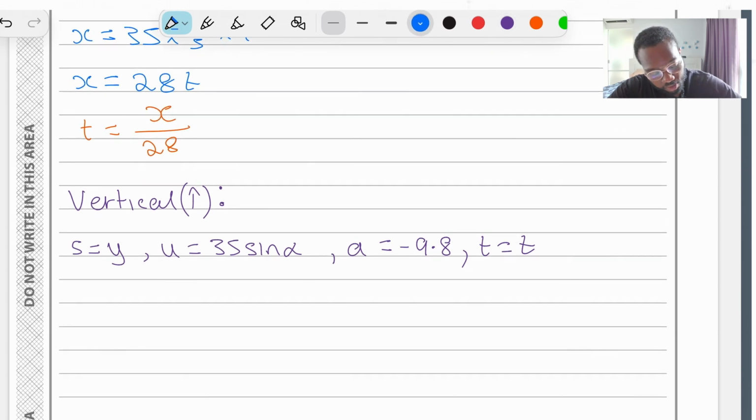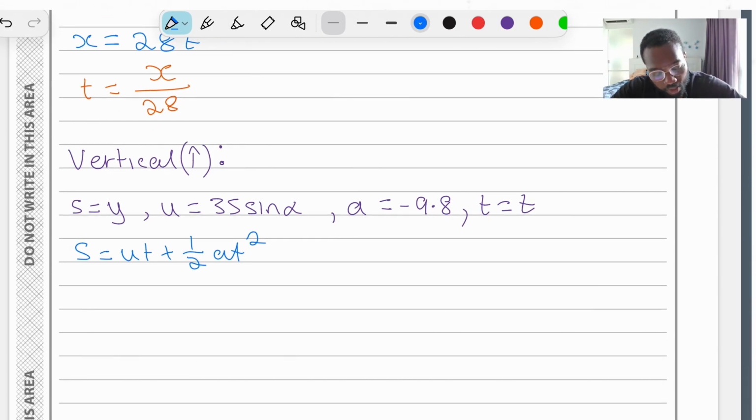So now we can use s is equal to ut plus a half at squared, and that will give us an expression. So y is equal to 35 sine alpha t plus a half times negative 9.8, that would be minus 4.9 t squared.